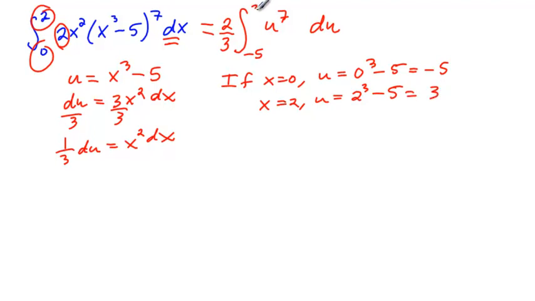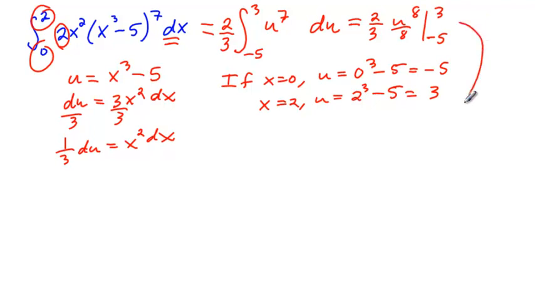So we put a 3 up there, and we've got our integral now completely in terms of the new variable u. We will not need to go back to x since it's a definite integral, and we're interested only in a number result here. So we can integrate this. We get 2/3 of u to the 8th over 8, evaluated from -5 to 3.